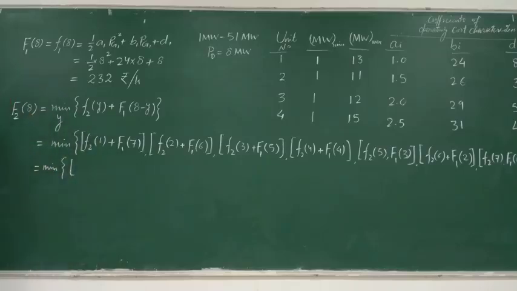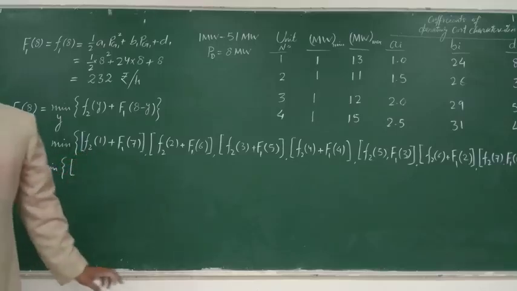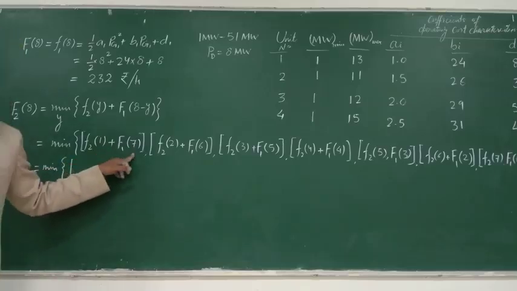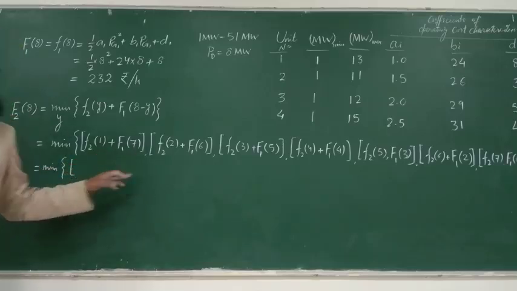This is F21. What is F21? Generating 1 megawatt by first unit. So evaluate this also. This side people will evaluate the smaller one, and this side students will evaluate the capital one. So tell me the values quickly.